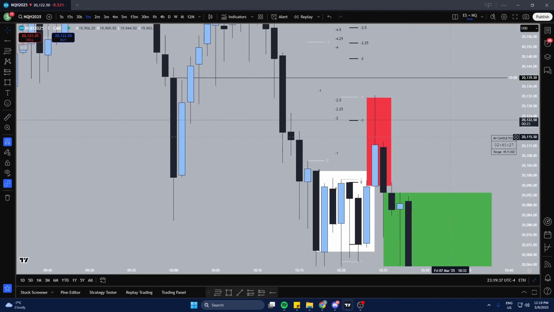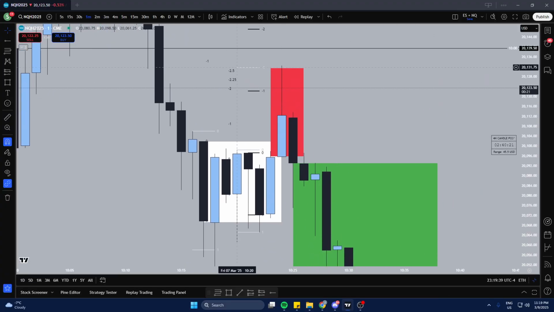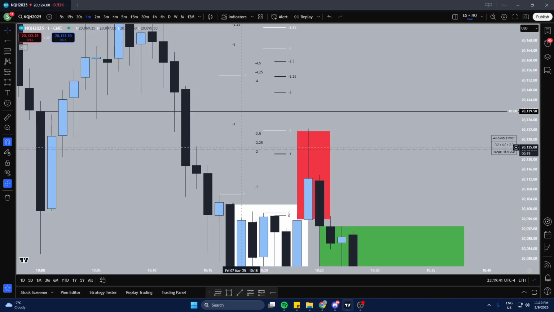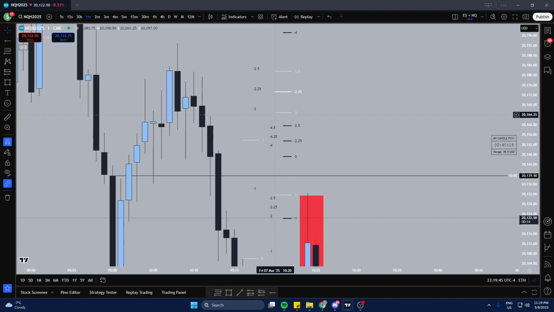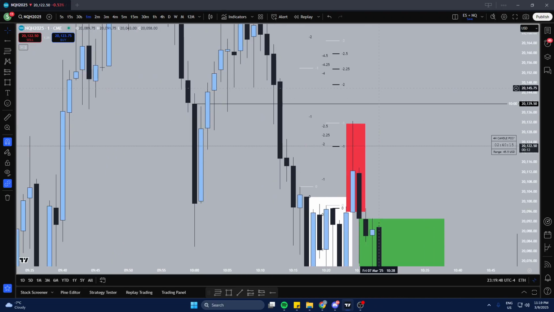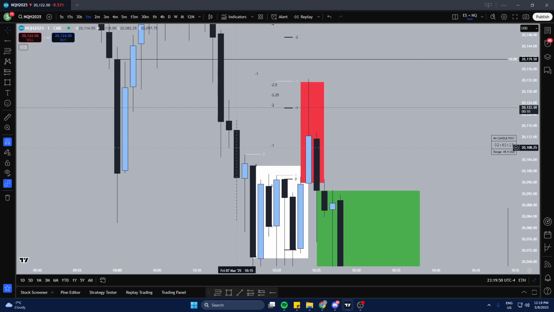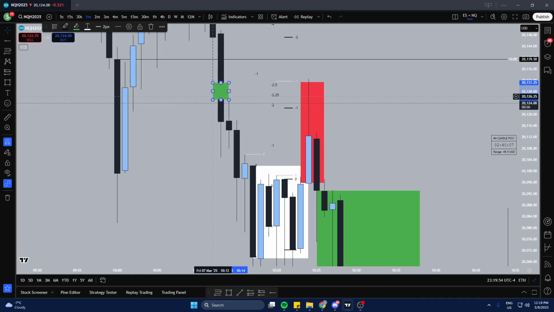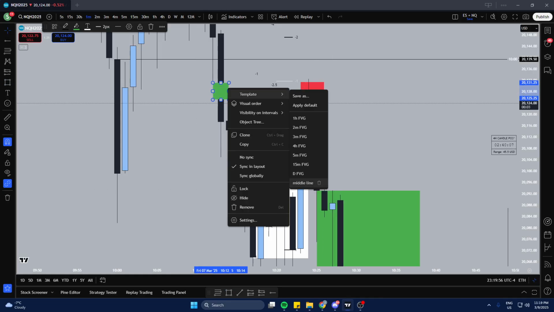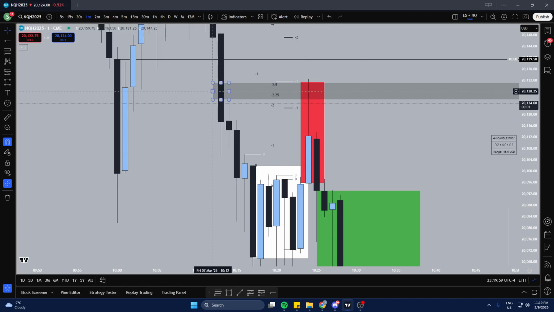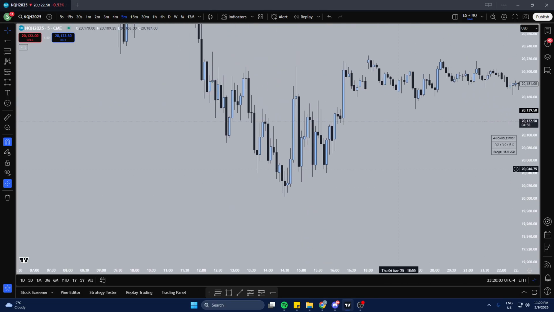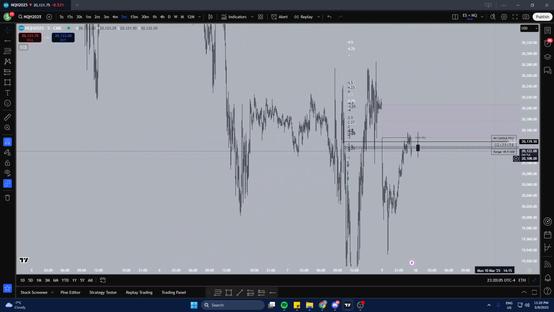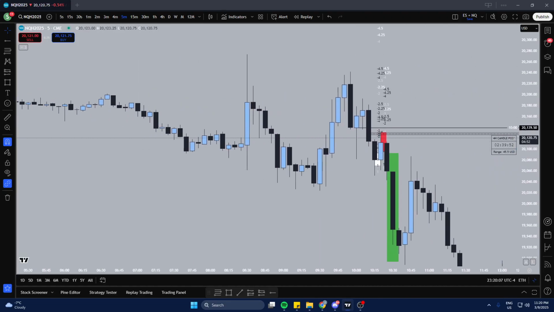But anyways, we anticipate manipulation to go into this area or somewhere in this area. So we want to look for confluences, right? So we have this 1 minute fair value gap CE right here, and then go on to the 5 minute. What other confluences do we have?